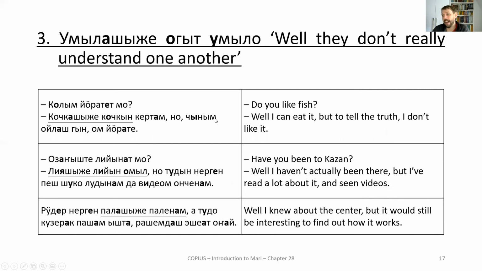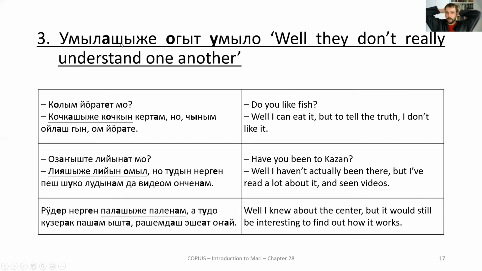Finally, we have a construction here which is used to equivocate, to say neither yes nor no, basically. It works with or without negation, like umelashische oget umelo, it's like basically they don't understand, to understand with a possessive suffix then in the to understand.